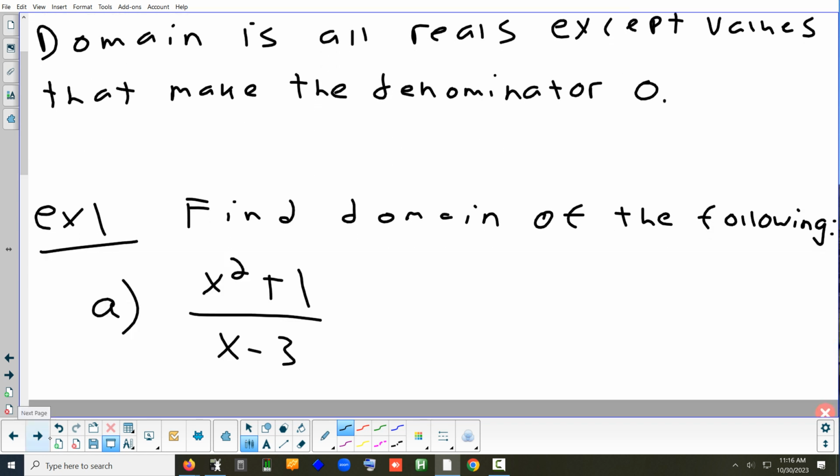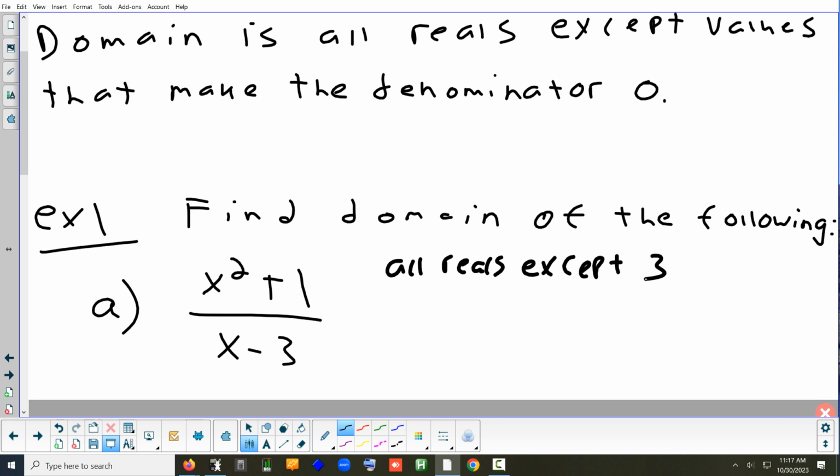I think that's the same problem I just had on the board. So we already kind of did this. What was the domain in this one? All real numbers except 3. Okay, so that's one way you can write it. All reals except 3.